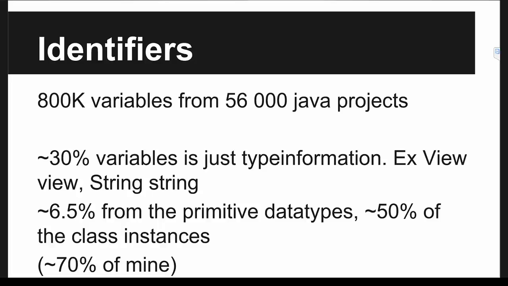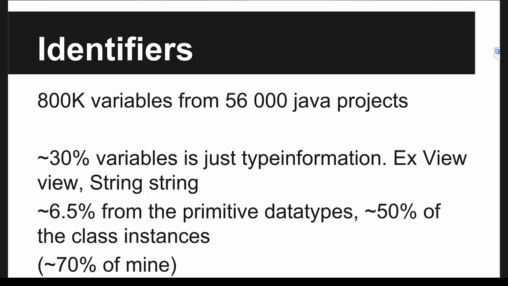But 30% of those programmers are just storing type information. It's like they have a view and they call it view. They have a string, they call it string. That kind of thing. In some cases, it's hard to know. In Java, we have these types. They're fantastic things. I sort of miss them in PHP. So we have an integer, and we perhaps call that I, right? Is that for integer or for iterator?